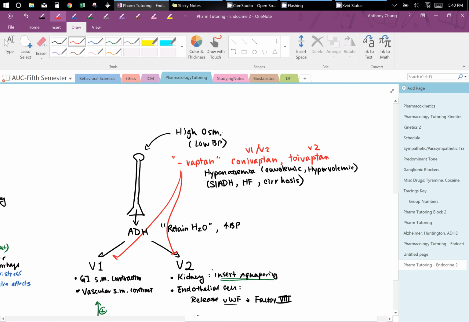And then you also have demeclocycline. You guys remember from block 3? Demeclocycline would block just the ones in the kidney, and that would be useful to treat SIADH.